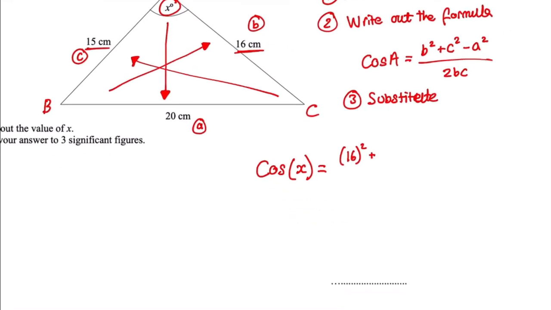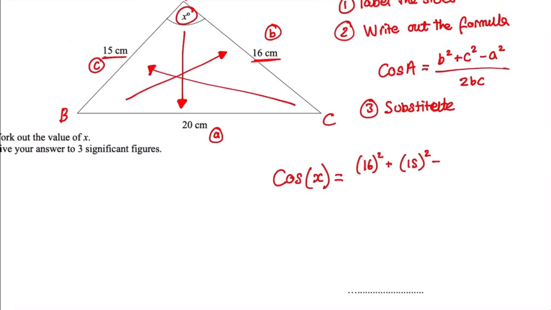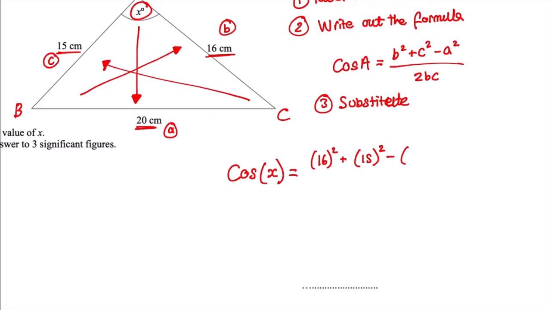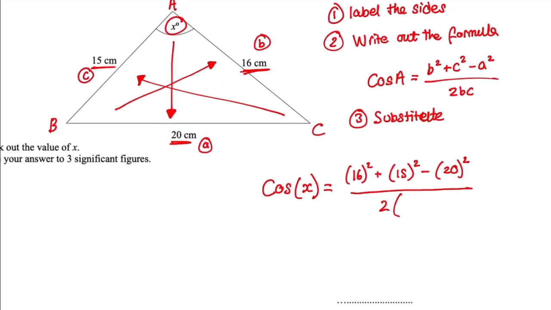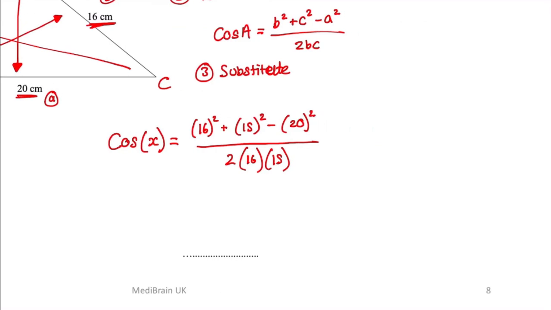So we're going to have 15 squared, minus lowercase a. Where's lowercase a? Lowercase a is here. So minus 20 squared. And then we divide by 2 times bc. Lowercase b is here, 16, and lowercase c is here, 15.